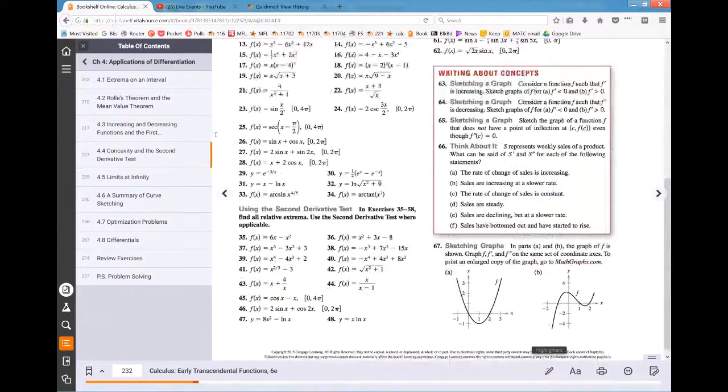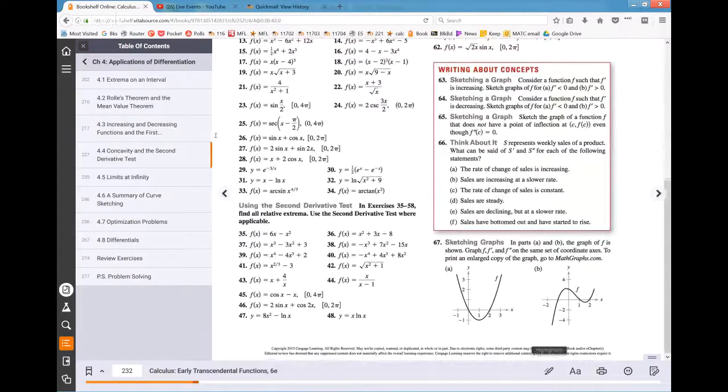Okay. Let's see what we got here. I don't know if you can barely see it there on the screen, but it looks to me like it's f of x equals arc sine of x to the 4/5 power. Let me just write that down. f of x equals arc sine x to the 4/5 power.